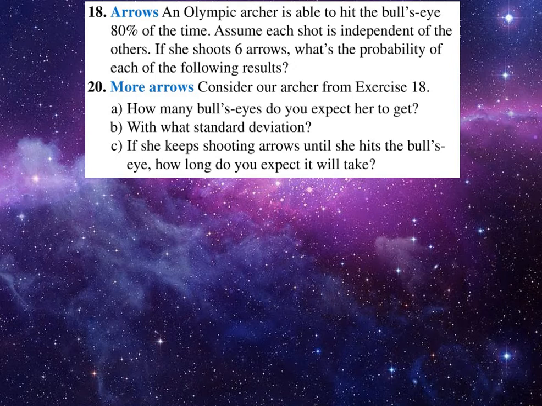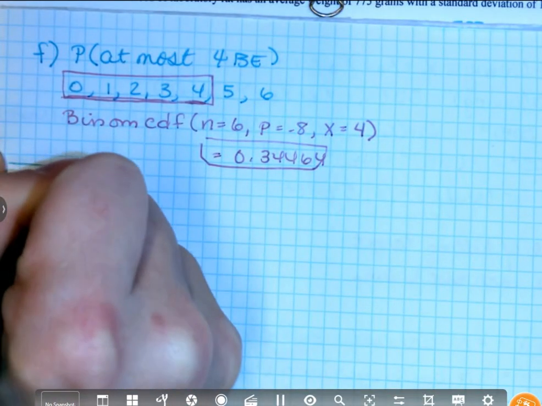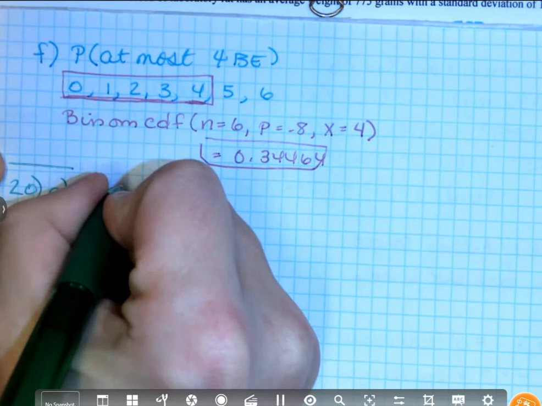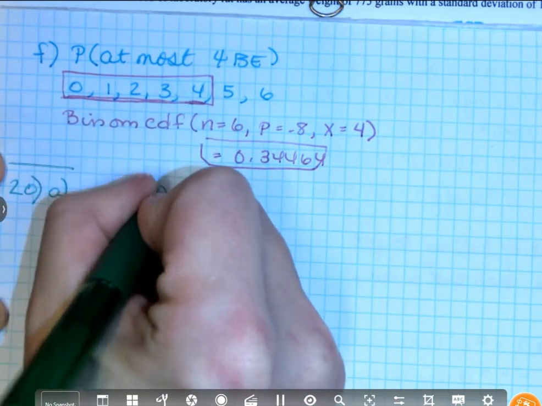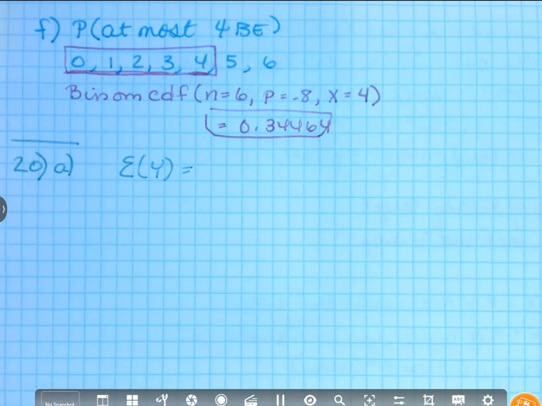So we're still dealing with the same situation, so I'm not going to define anything else. For 20A, we've said binomial, so I'm using my y. What was my formula for the expected value? Should have written that down before. What was your formula for expected value?